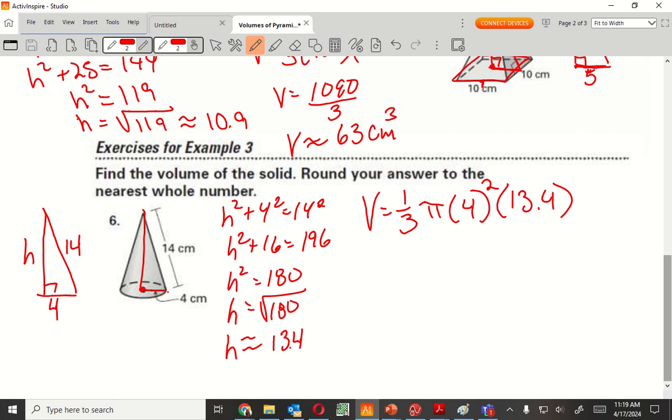Volume is about 225. And my units? Centimeters cubed.